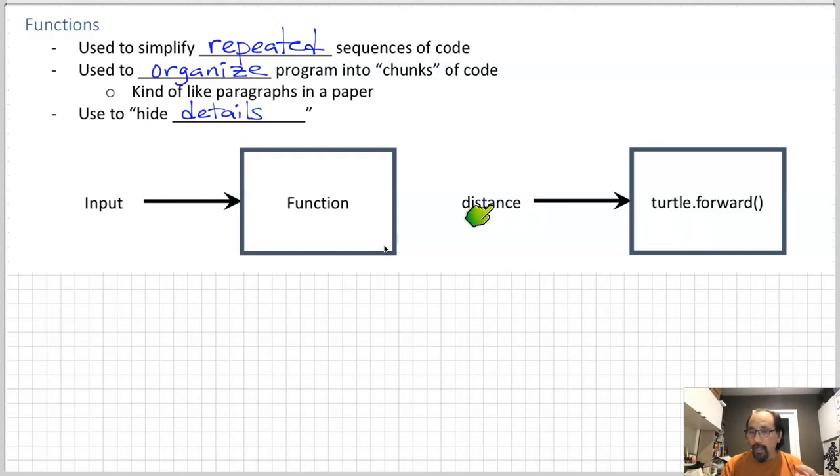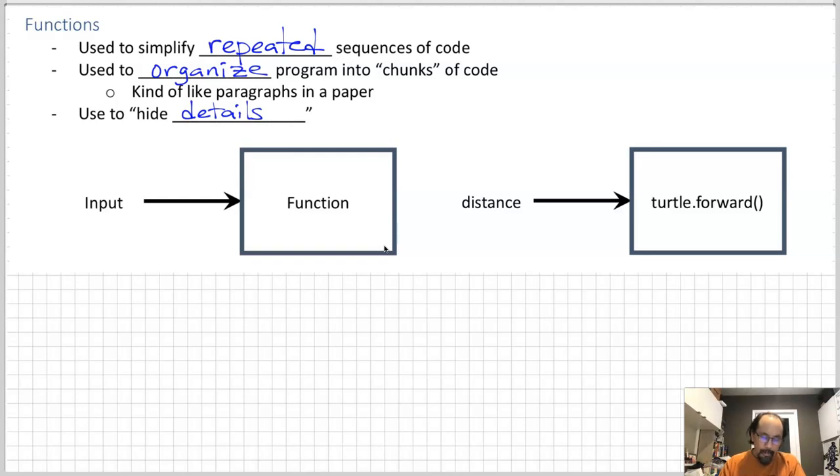It receives an input, a distance amount to move forward, and we put it right inside the brackets. It might seem that it has an output, but it actually doesn't. It does make the turtle move forward, so there is some activity done inside this function, but technically this function does not have an output.